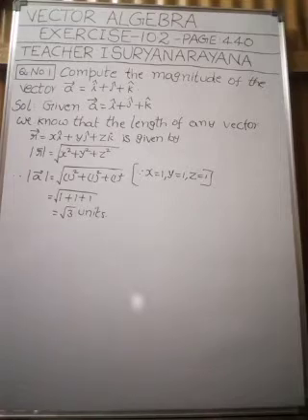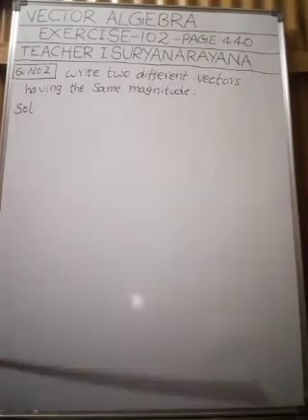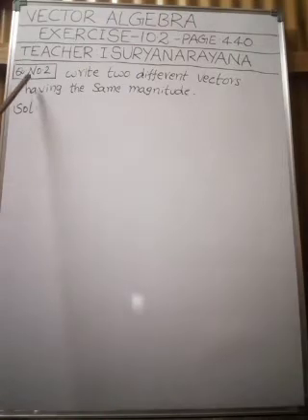Okay, my children. Try yourself. If you have any doubts, ask and get your doubts clarified. Okay, my children. Right. Here I am not explaining how to compute the magnitude of the vectors b bar and c bar.